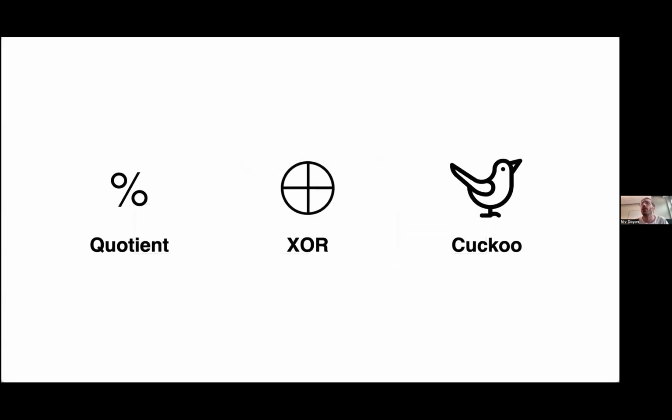Various filters of this kind of family have been proposed over the past decade, and they mainly differ in the collision resolution strategy. Inevitably, whenever you're doing hashing, there are going to be multiple fingerprints going to the same slot. You need to resolve that somehow using a collision resolution strategy.